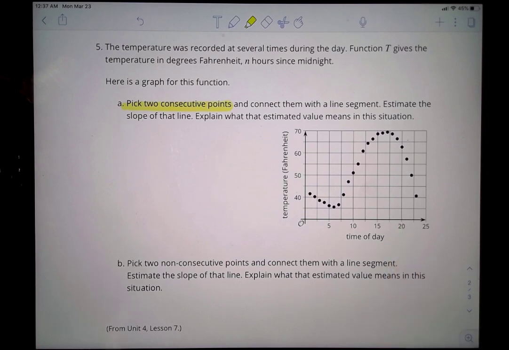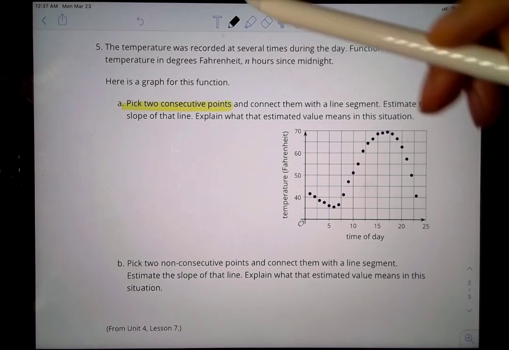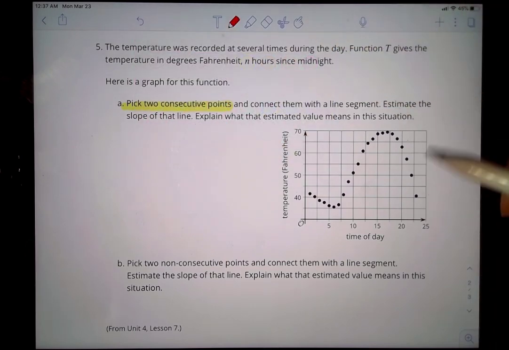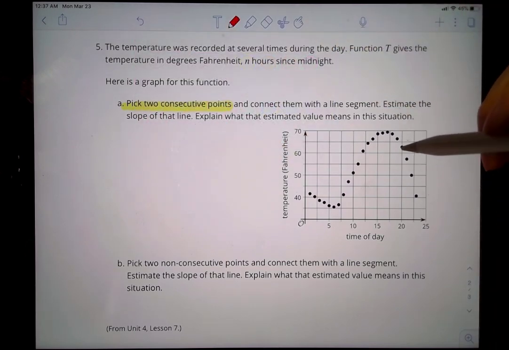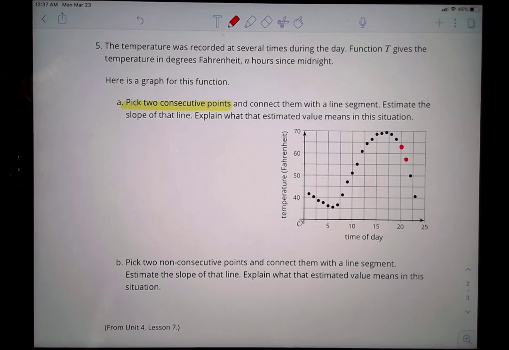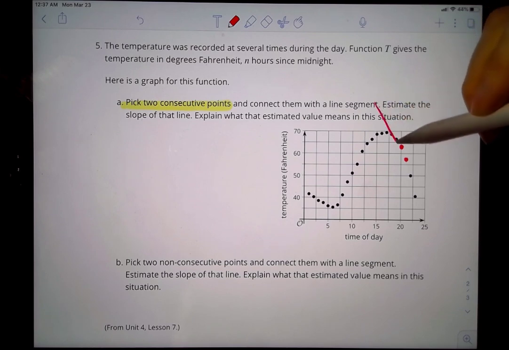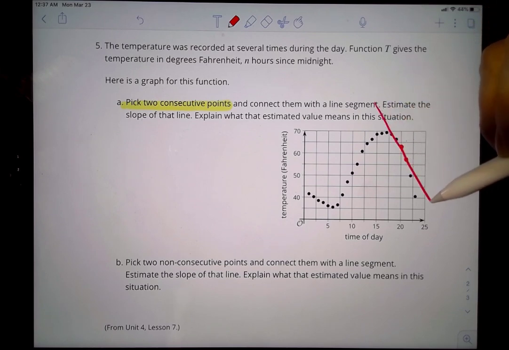So for that one, I'm going to pick my 2 consecutive points. Let me see. You can just pick any random points. You don't have to pick exactly the same points as me. Alright? So I'm going to pick these 2. This one and this one. Alright? So let's connect the line, guys. Or you don't have to connect the line.